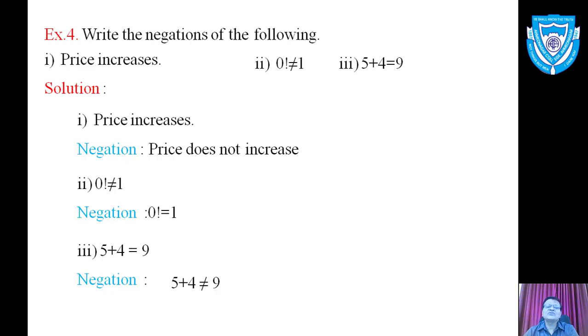Second, 0 factorial is not equal to 1. Its negation is 0 factorial is equal to 1. Note that the given statement and its negation have truth values that are opposites of each other, meaning if one is true, the other should be false. Third, 5 plus 4 is equal to 9. Its negation is 5 plus 4 is not equal to 9.